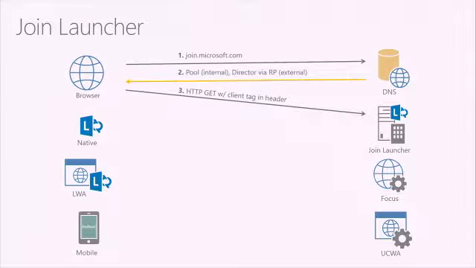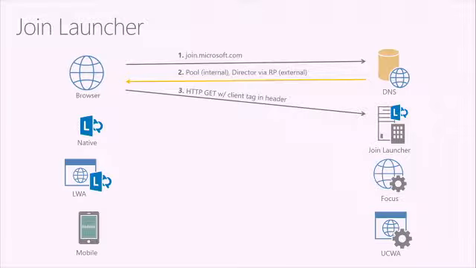Once I establish that, now I can make my GET request up to that particular system, right, that I'm trying to join to, the join.microsoft.com system, and say, hey, I'm actually trying to join this particular meeting. This will also include a client tag in the header so I know what type of browser this user is using, where they're coming from, and now the join launcher can go and do his business, right?